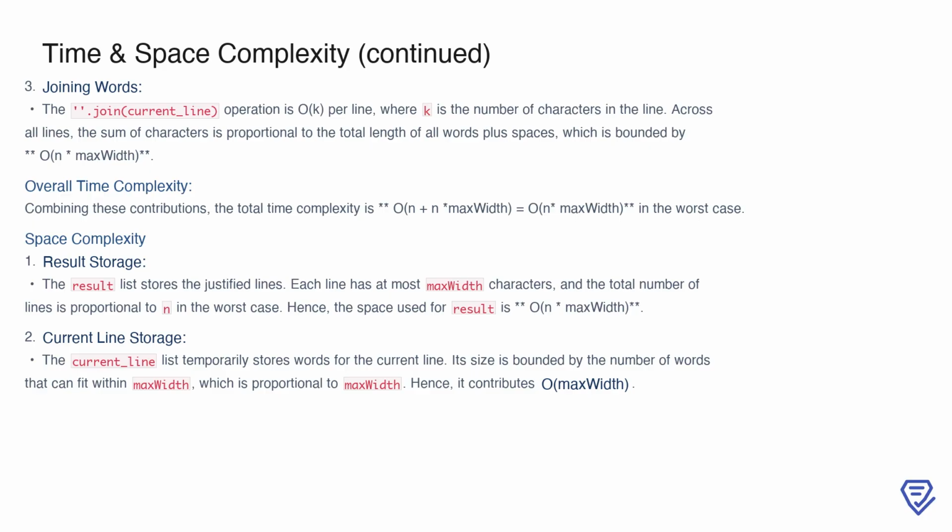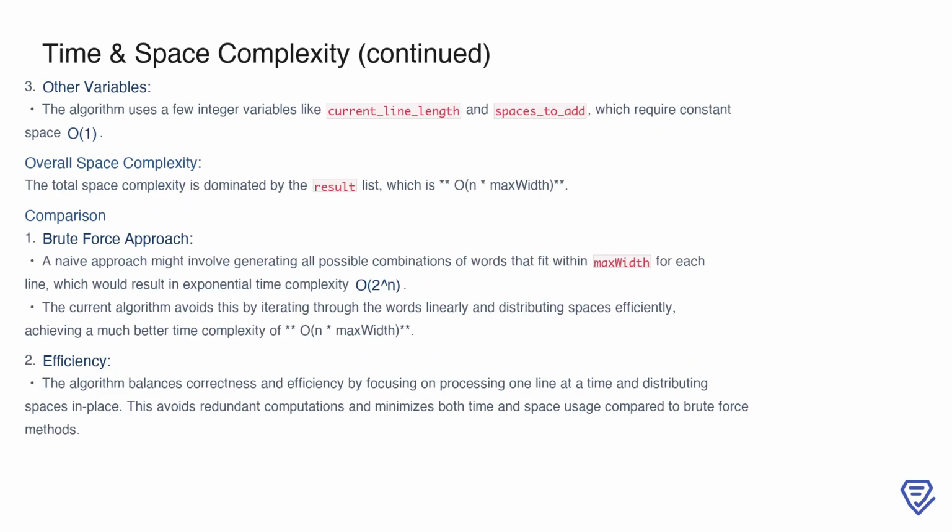Now, looking at space complexity, the main contributor is the result list, which stores the justified lines. Each line has at most max width characters, and the total number of lines is proportional to n, leading to a space complexity of n * max width for this storage. The algorithm also uses a temporary current_line list to store the words for the line currently being processed.